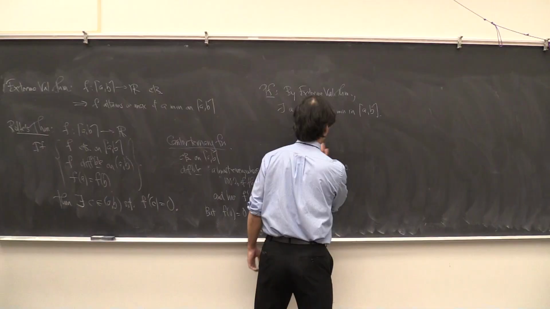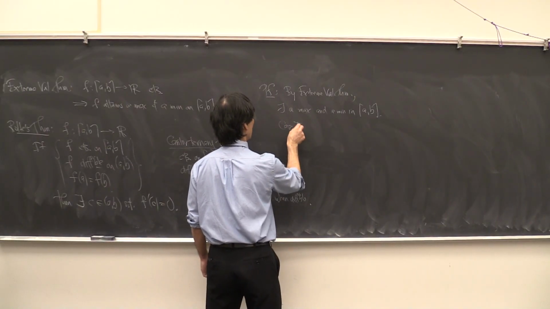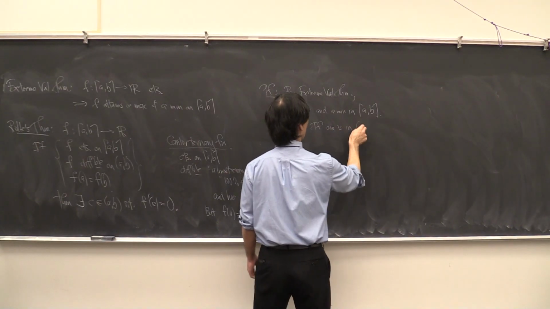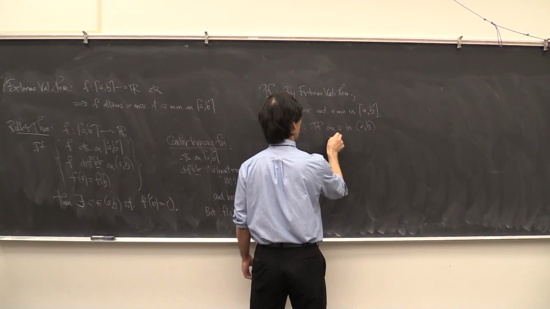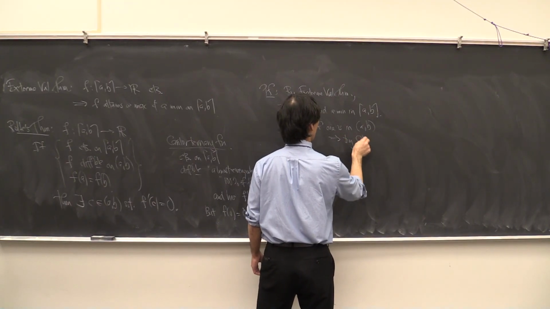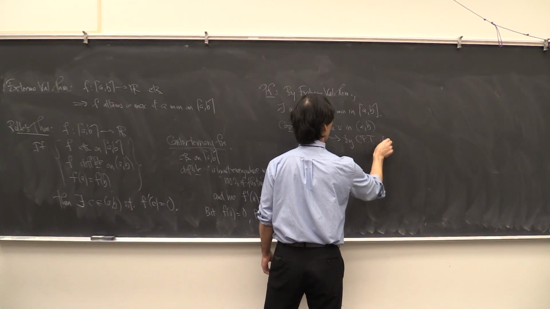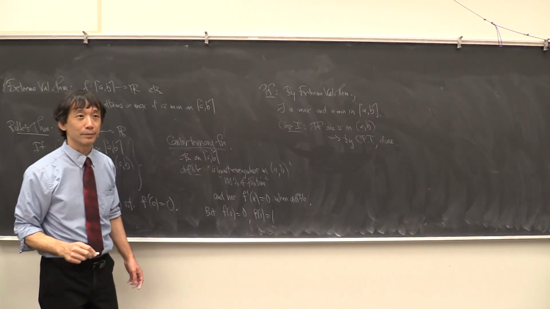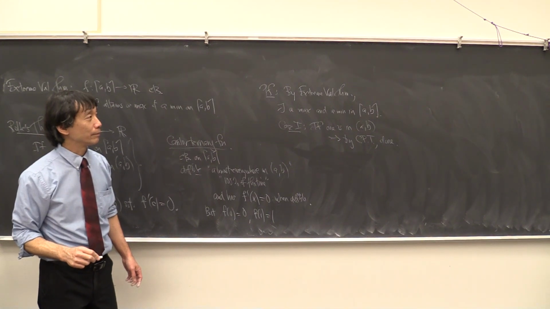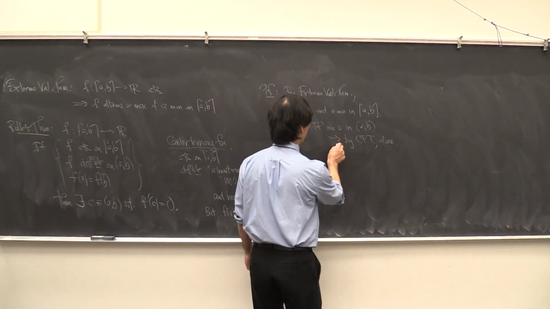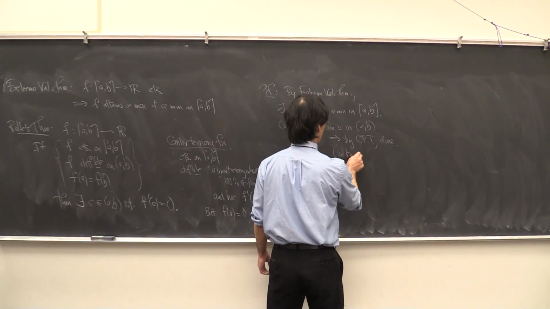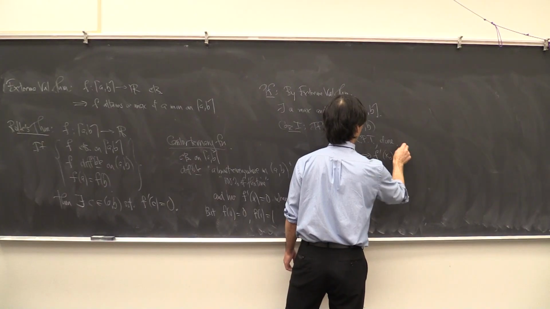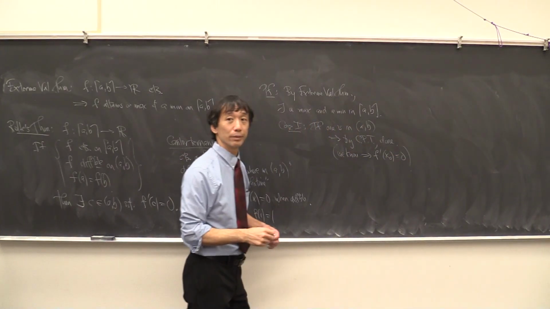So case one: if one is in (a, b), then by the critical point theorem, we're done, because the derivative at whatever point that is going to be 0.